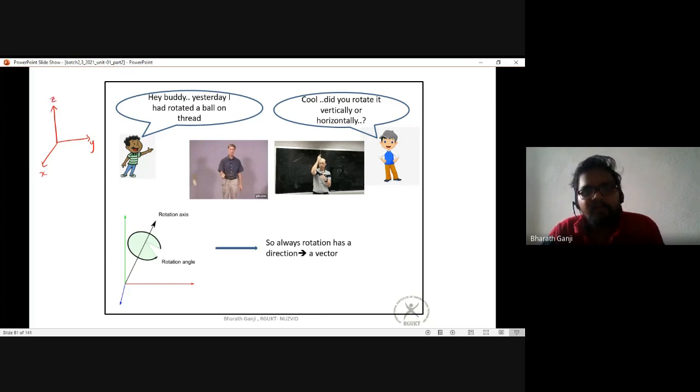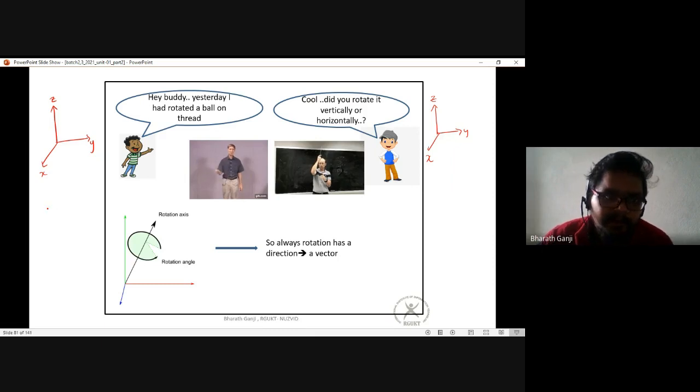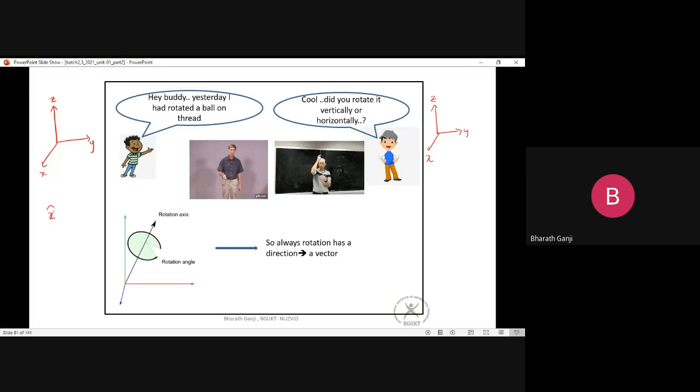Maybe your friend is also using the same coordinate system, let us imagine for now. So you told your friend that I have rotated the ball in x direction. What does that mean? అంటే ఏంటి మీనింగ్?